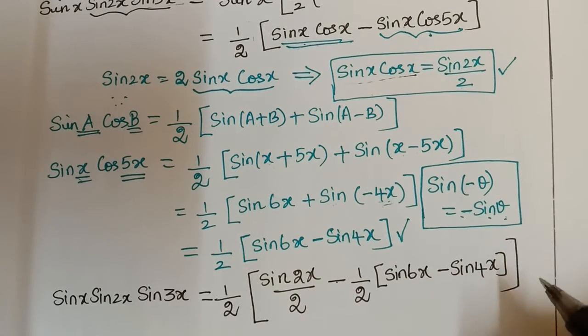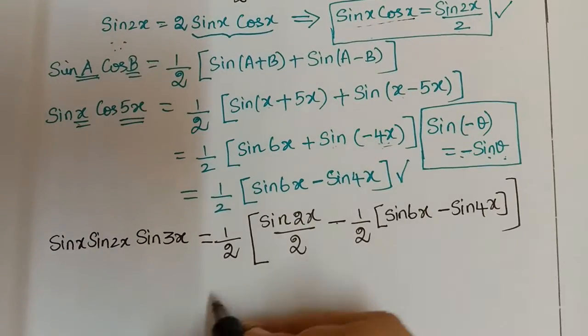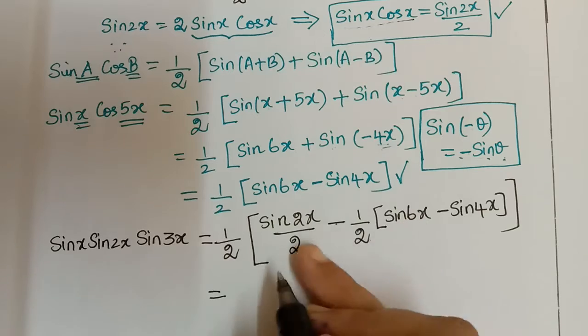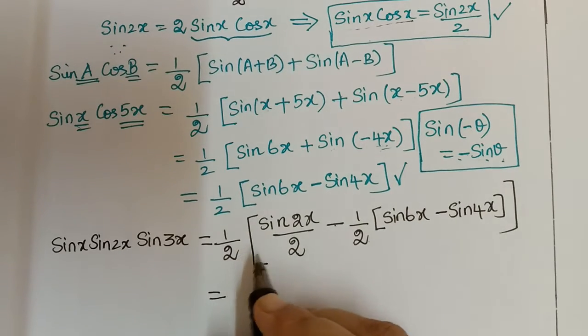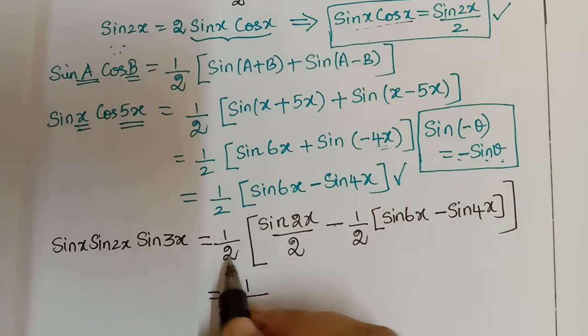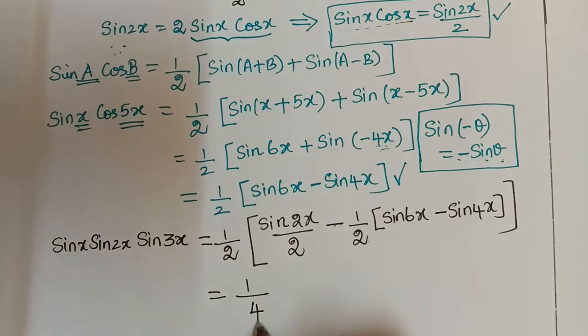Now we shall simplify this further. This 1 by 2 is common in both the terms, which can be taken out, and it will get multiplied with this 1 by 2 and it will become 1 by 4.